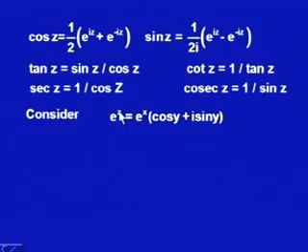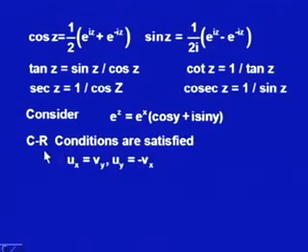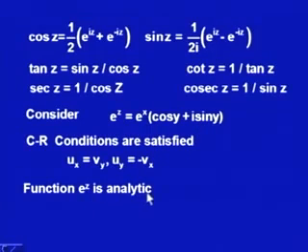Again, if we write e^z = e^x multiplied by (cos y + i sin y), by the very definition of the exponential function of z, one can notice that this function satisfies the CR conditions. Here u is e^x cos y, the real part, and the imaginary part v is e^x sin y. If we apply the CR conditions, we can see that u_x = v_y and u_y = -v_x, and that simply means the function is analytic because these conditions are satisfied everywhere.